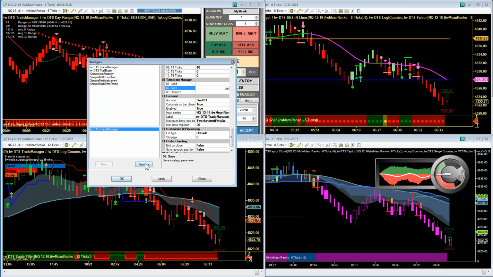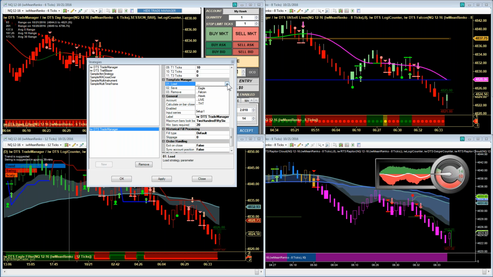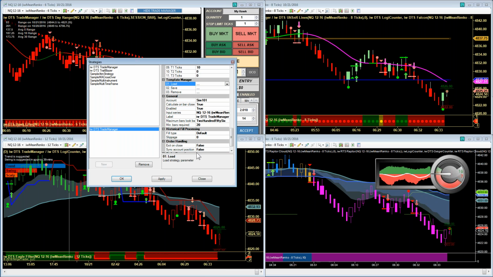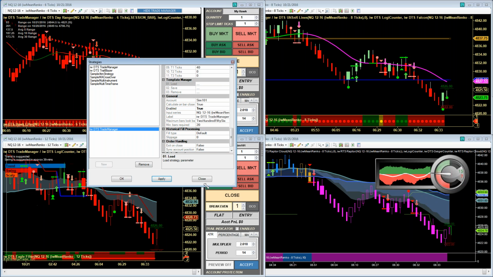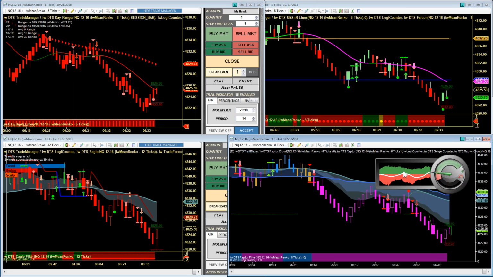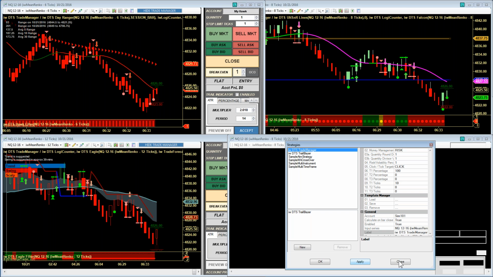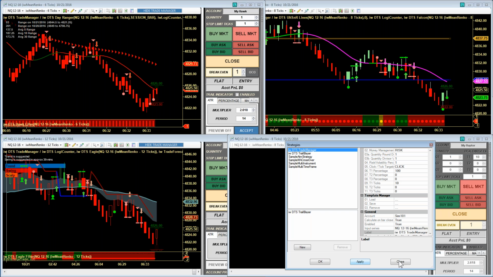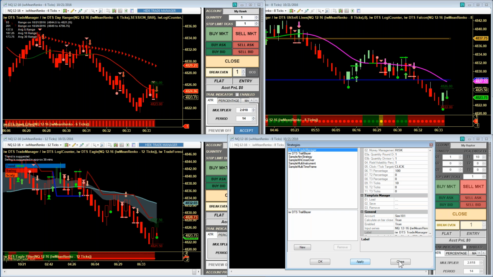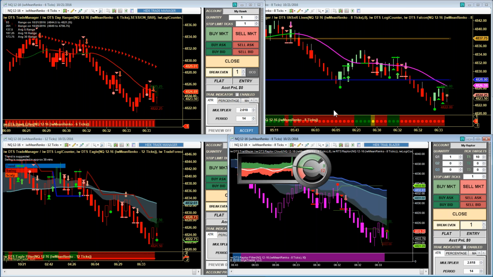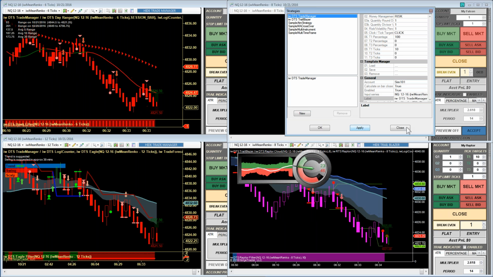Then when it comes time to load your trade manager, you just load your template and you'll always have those same settings. You won't need to tweak the settings every morning. Same thing is true for the Trailblazer, for those of you using it. You can see it's a little bit of a time saver.